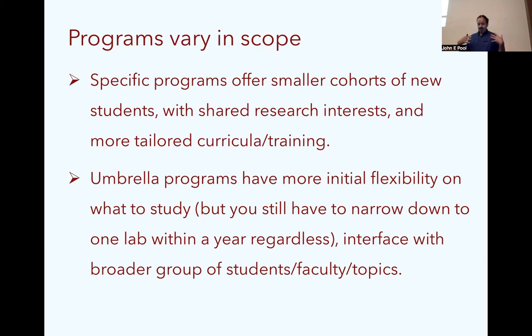And also depending on the individual and their personality, and their scientific personality, they might or might not appreciate being with a larger group of incoming students who have more wide-ranging interests, and being in that larger program.